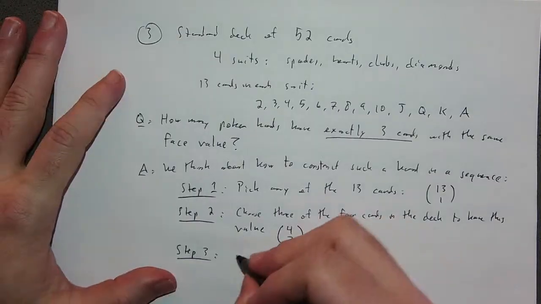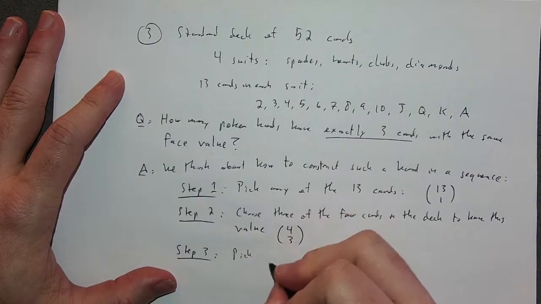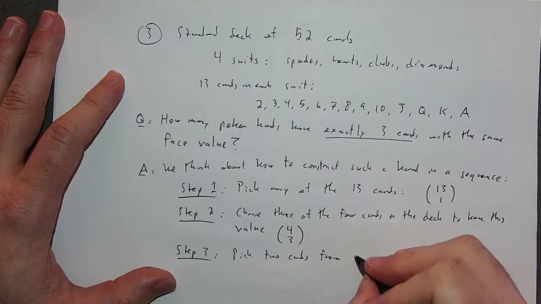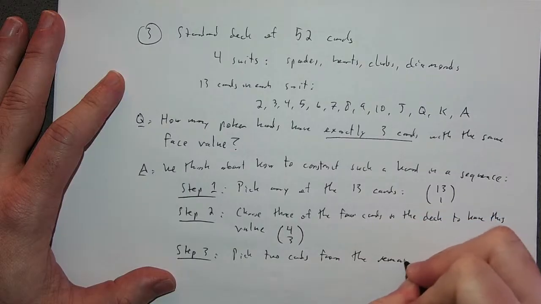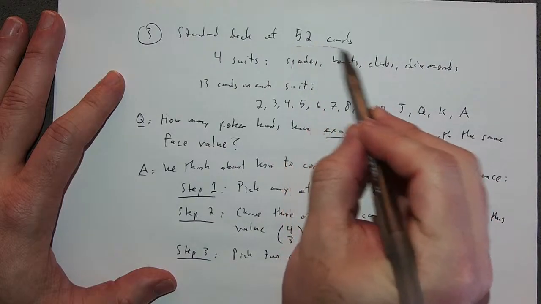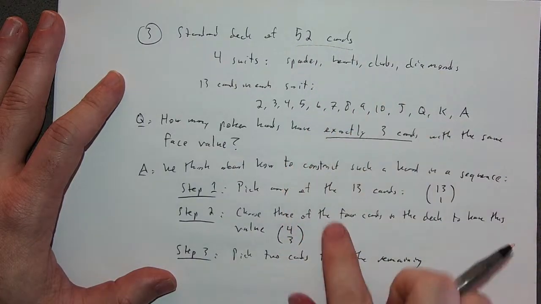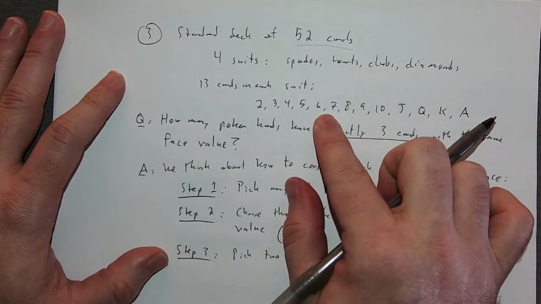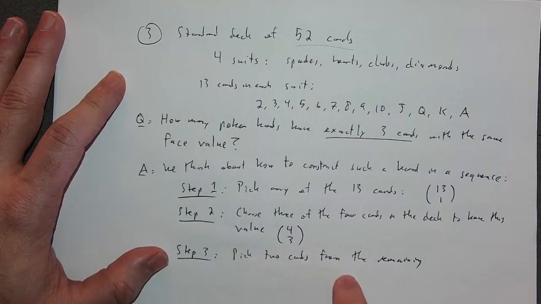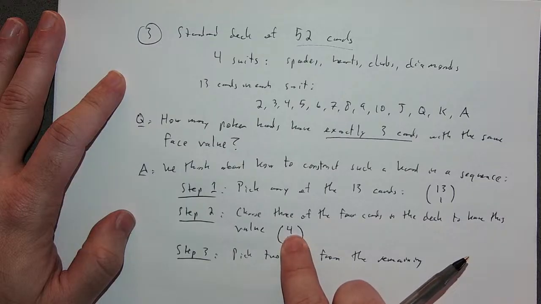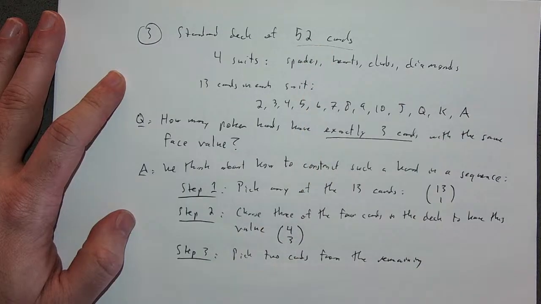So third, I need to pick 2 cards from the remaining. We had 52 cards. I have chosen 3 cards from one of these face values. The 2 remaining cards can be anything except one of those cards. Even the one I didn't pick is not allowed here. But there were 4 total, so 48 is what I can pick from.